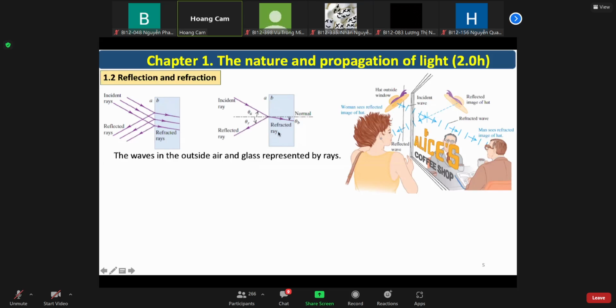There are two situations depending on the relationship between the two materials, which we will discuss in detail right after. So we have the refracted ray, and the angle between the normal and the refracted ray is called the angle of refraction, theta B.